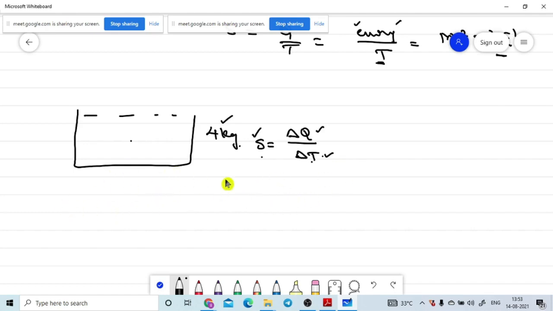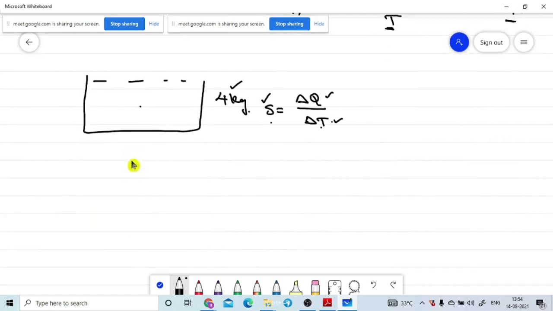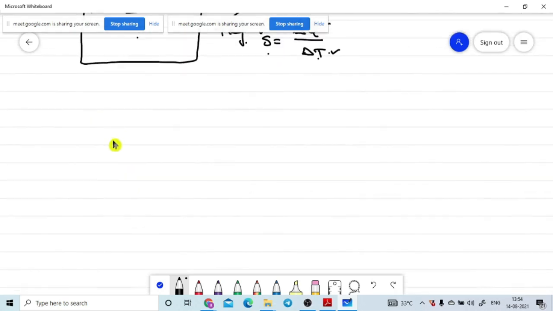How can we compare how much heat is required to raise the temperature by 1 degree Celsius? There is one more physical quantity: specific heat capacity. Now we go to another definition, specific heat capacity.